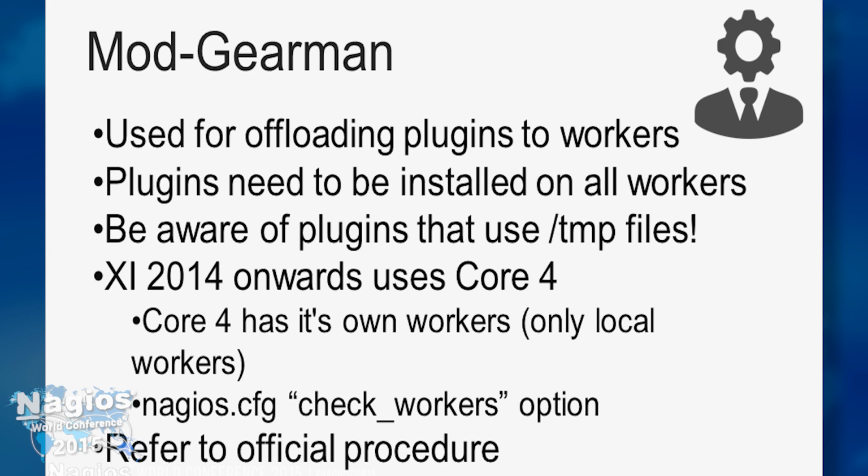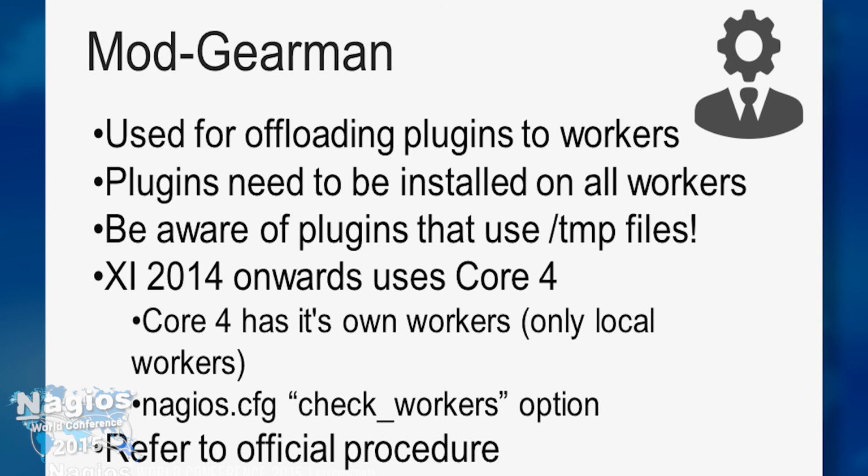There are some oddities that occur here. The WMI checks are a good example, where they generate temp files in the temp directory. So if you've got 3 workers and at interval 5 minutes, a worker does a check, puts the information in the temp file, returns the data back to Nagios. 10 minutes later, the next check happens, but worker 2 does it.